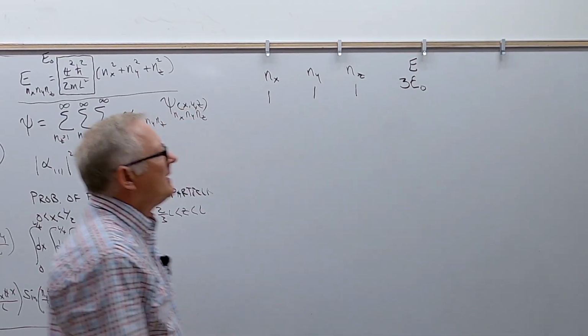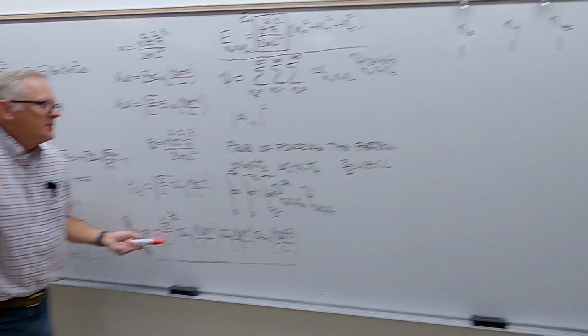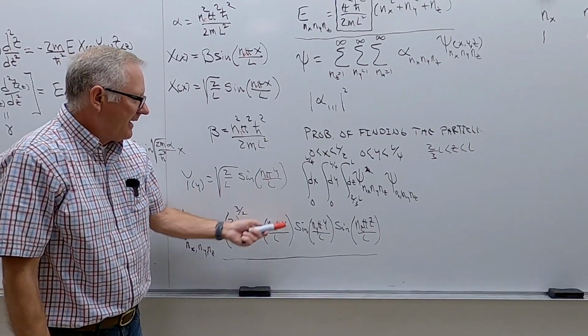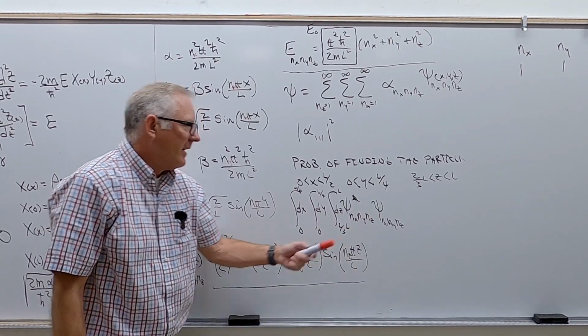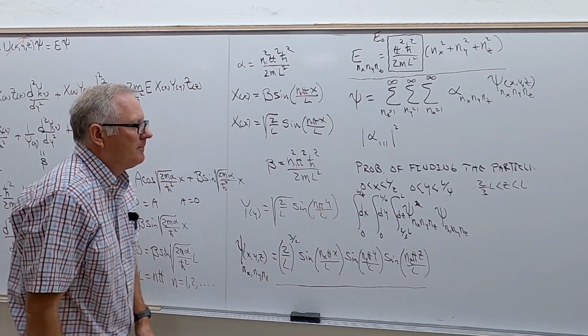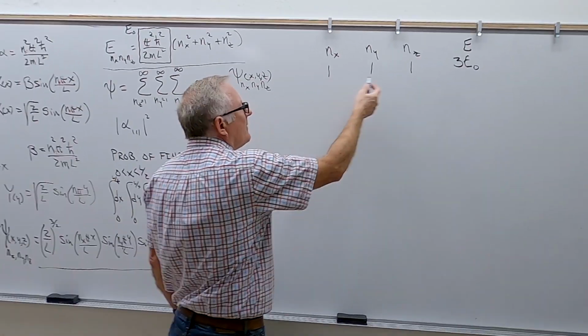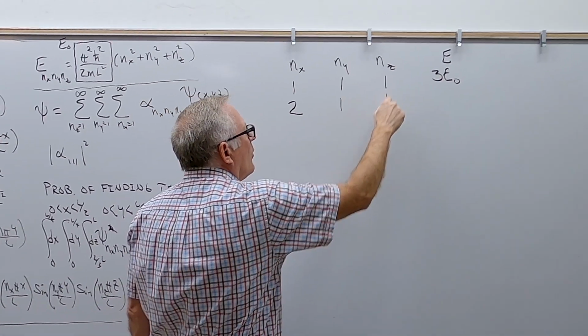If we wanted to know what the wave function was, you would just plug in 1, 1, 1 into here. So you would just plug in sine pi x over L, sine pi y over L, sine pi z over L. That would be the 1, 1, 1 state. The next state up would be, one of these could be 2, let's say 2, 1, 1.